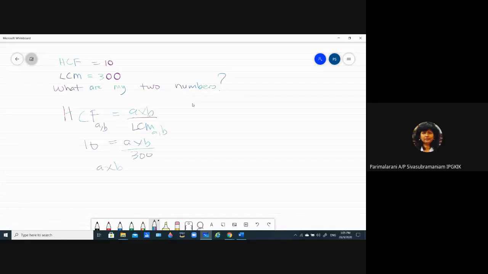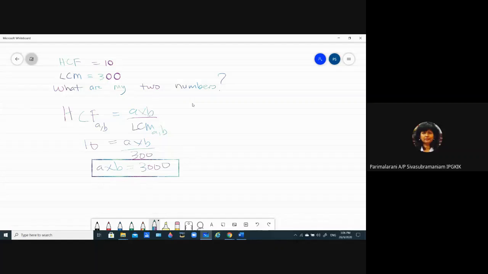So what is A times B? 3,000. So we know that A times B is 3,000, but we don't know what A and B are yet. But we can check it later, because A times B must give us 3,000. So if your numbers are 30 and 10, it is wrong already, because we are not getting 3,000.